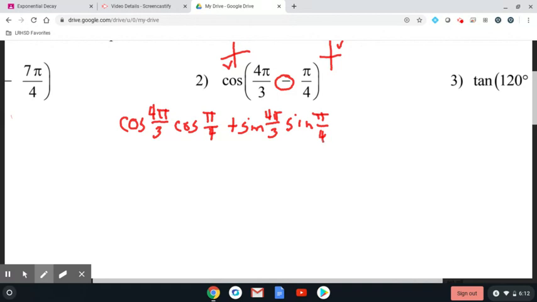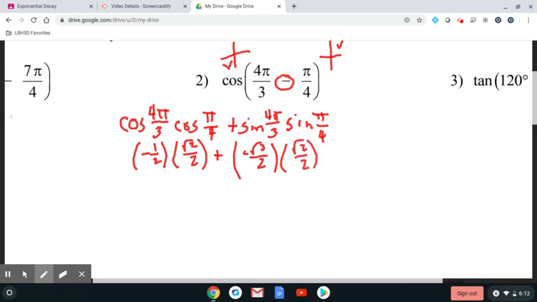Cosine of 4 pi over 3, since we're in quadrant number 3, is going to give us a negative 1/2. Cosine of pi over 4 gives us a root 2 over 2. Drop down our plus sign. Sine of 4 pi over 3 is going to give us a negative root 3 over 2. And then sine of pi over 4 gives us a positive root 2 over 2.